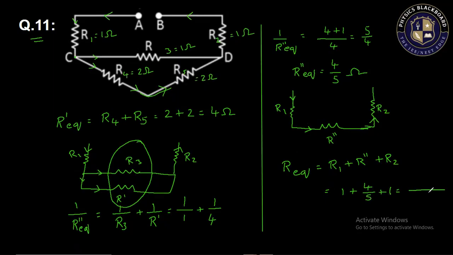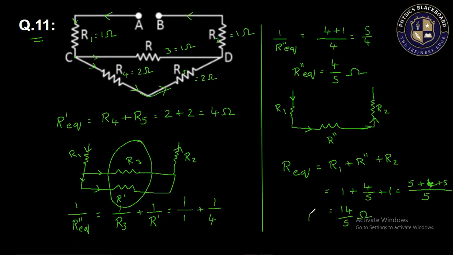So you will get the denominator 5. You can take 5 plus 4 plus 5. What will you get? Sorry, here you will get 1 into 4, that is 4. Okay, fine. So 14 by 5 ohms.